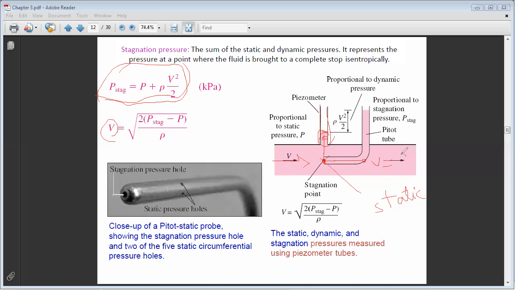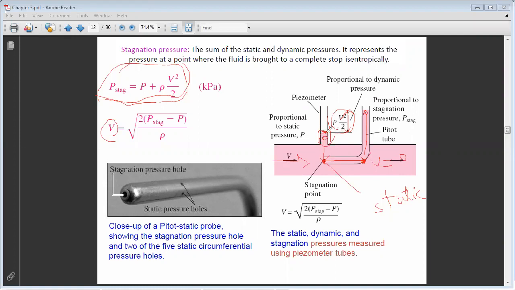And then the column height here will represent the stagnation pressure, at this point corresponding to v equals 0. Then I can deduce that the variation in elevation between these two columns is due to the rise in pressure, because all the kinetic energy was transformed into flow energy.